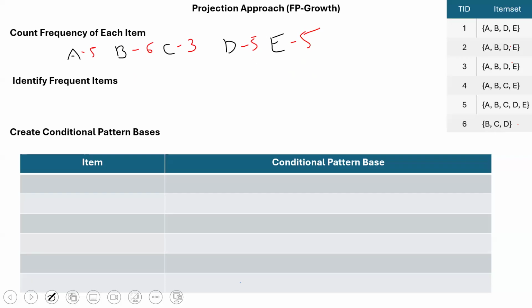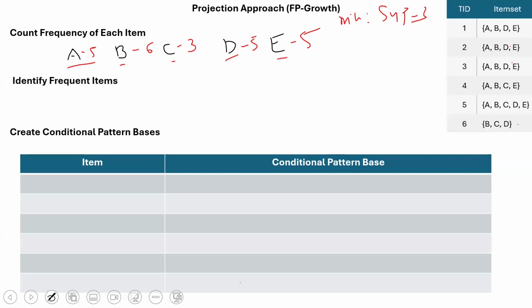So everything is frequent here, right? Let's suppose min sup is taken as 3. If min sup is 3, what you have to do is identify the frequent items. In this, everything is frequent. A is frequent, B is frequent, C is frequent, because 3 is greater than or equal to 3, D is frequent, E is frequent.